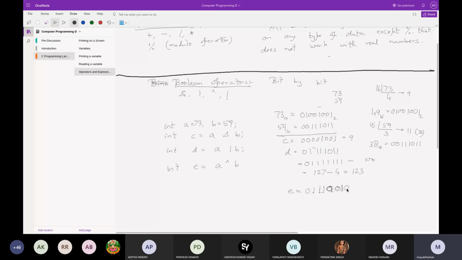So this will be something like 2 to the power 7, 2 to the power 6, plus 2 to the power 5, plus 2 to the power 4, and 3, 2, 1, 0. So 64 plus 32 plus 16 plus 2, whatever result comes out, 96 plus 18, so 140. So the value of e will be 140.